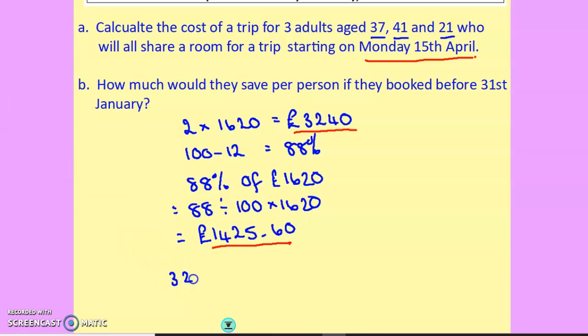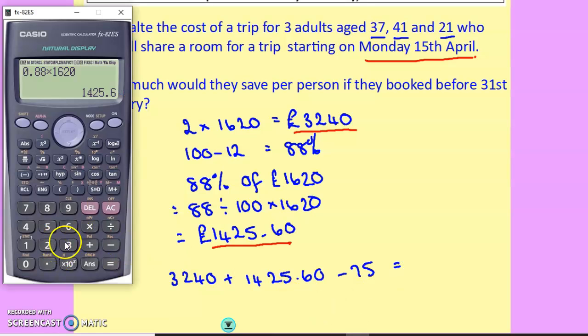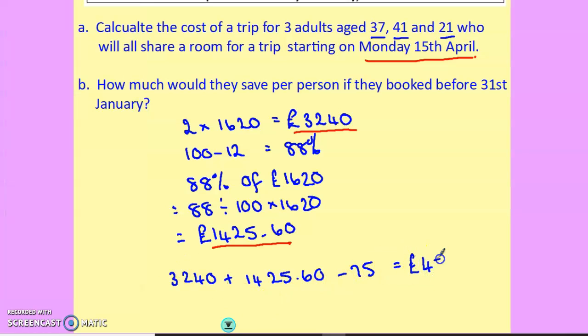Okay, so we've got 3,240 add 1,425.60 minus 75, and that works out to be £4,590.60. So that is part A.